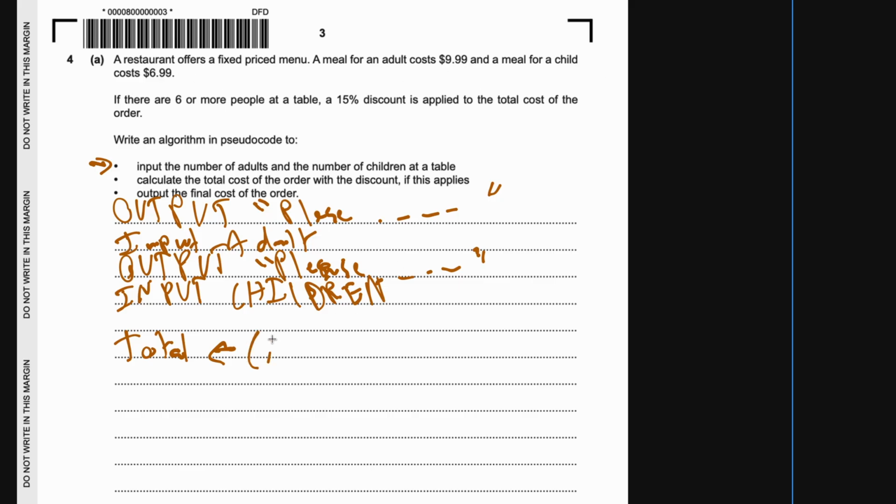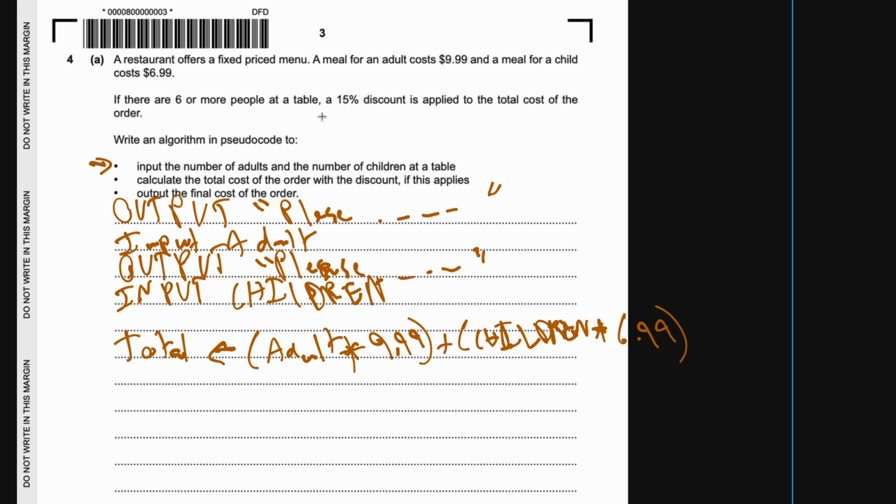So adult multiplied by the cost of an adult, which is 9.99, plus children multiplied by 6.99. That is the total amount of dollars to pay.